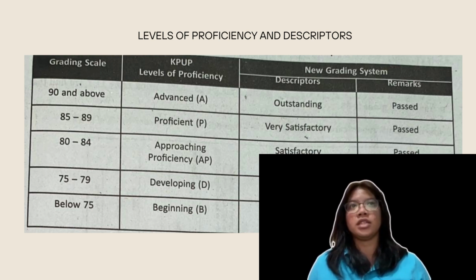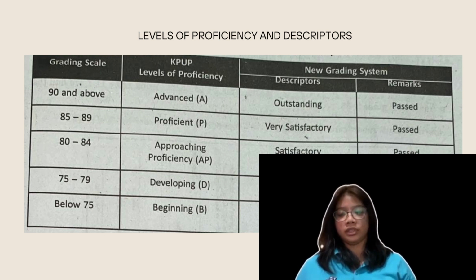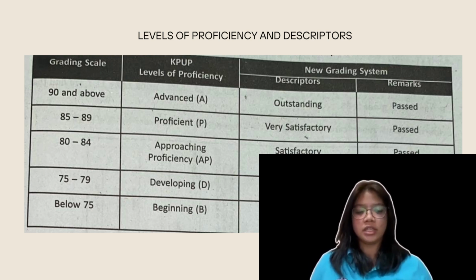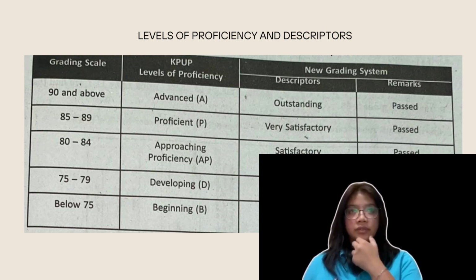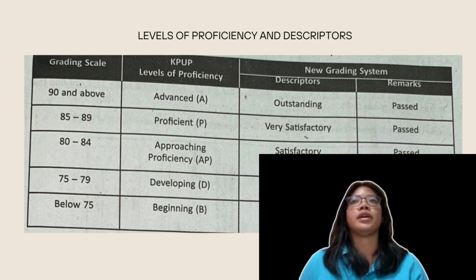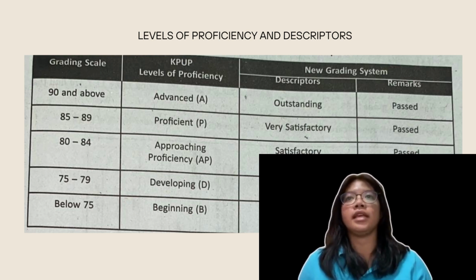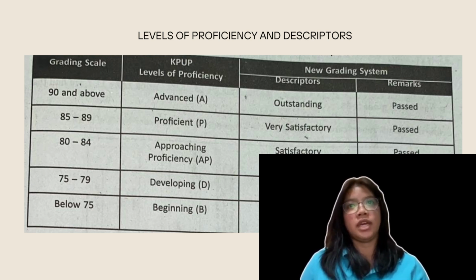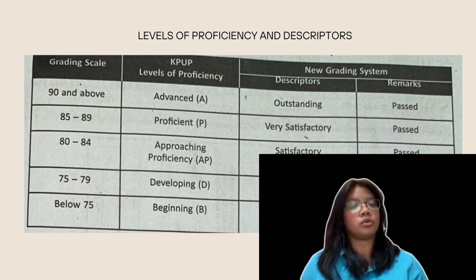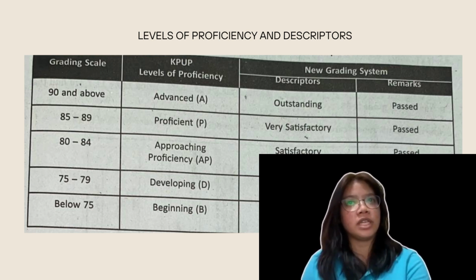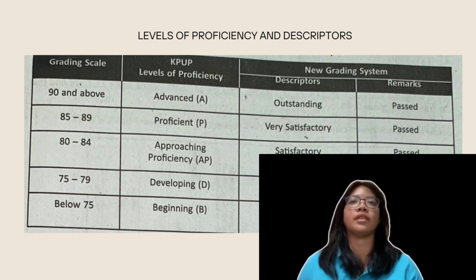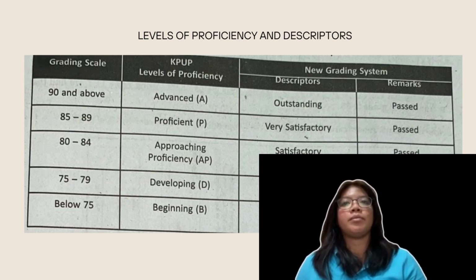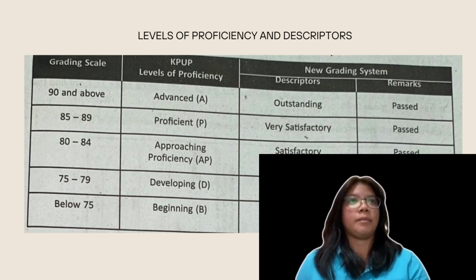Levels of proficiency and descriptors. In this table, this is the proficiency of every student based on their final grades. This is the grading scale. 90 above is advanced, 85 to 89 proficient, 80 to 84 approaching proficiency, 75 to 79 developing, and 75 below is beginning.